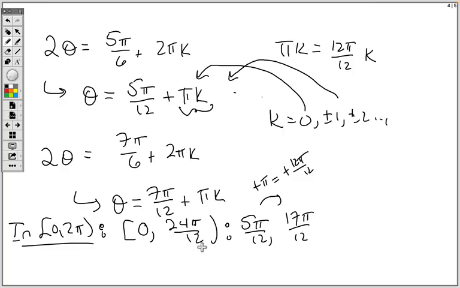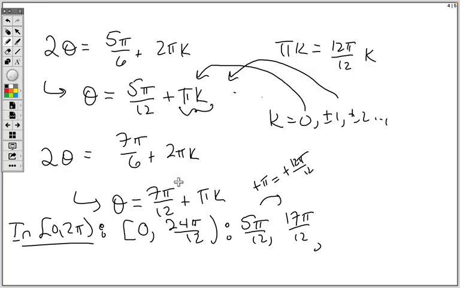Okay? Now, let's see if we try the negatives. If I start here and subtract pi, subtract 12 pi over 12, I get into the negative. I'd get negative 7 pi over 12, which is less than 0. So from this family of solutions, I'm getting these two answers.